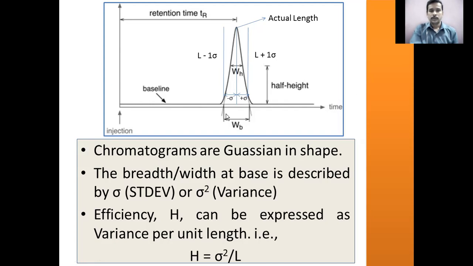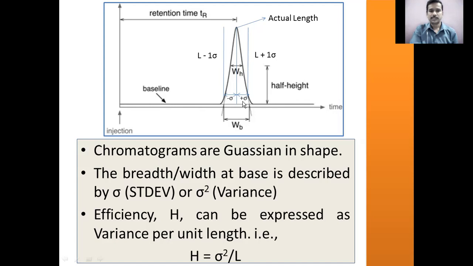So this chromatographic peak is Gaussian in shape. A bell-shaped curve has been obtained. If you look from the center towards the left-hand side and towards the right-hand side, there is almost the same distance, which is denoted by plus sigma and minus sigma.